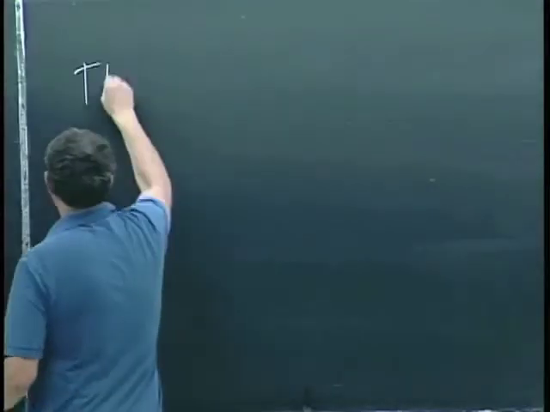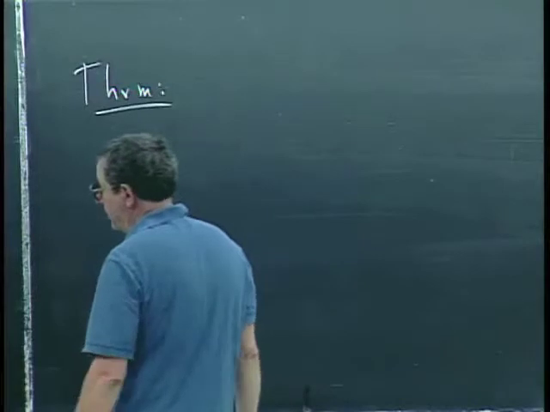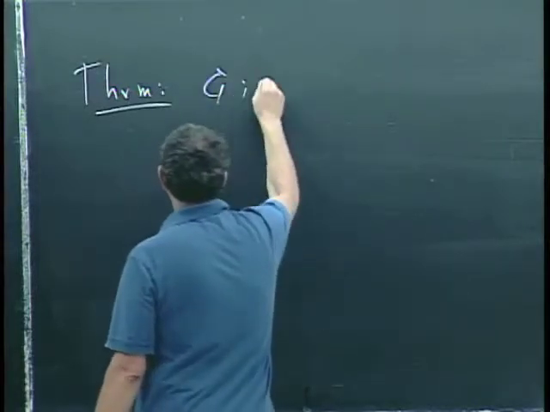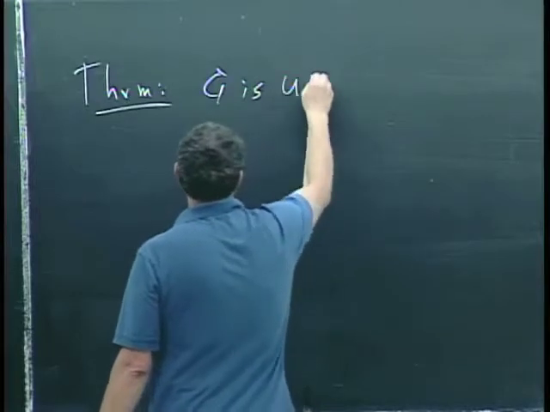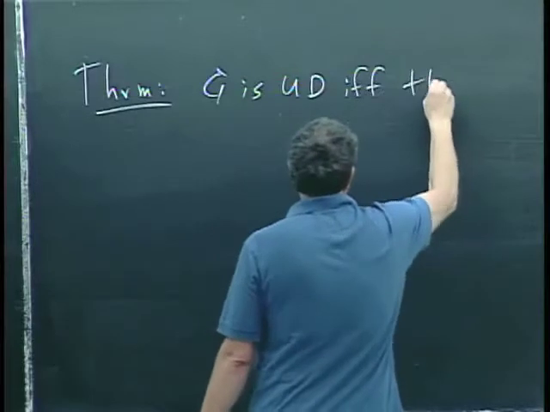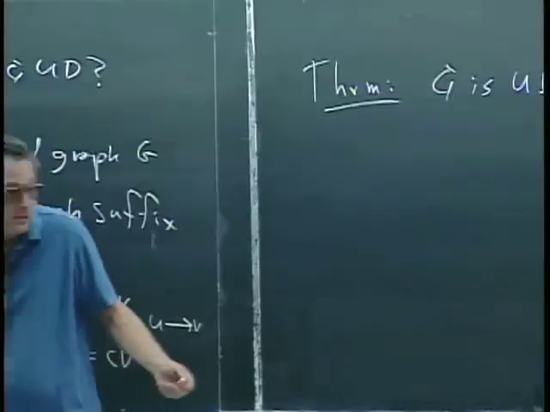And then the theorem that we were about to start proving, or we actually did start proving, we didn't get very far. The theorem is that a code is uniquely decipherable if and only if. Now, actually, the way I phrased it last time was not uniquely decipherable, which I don't know why.